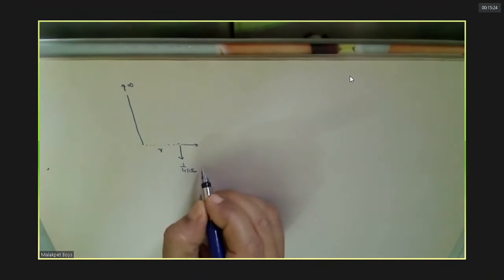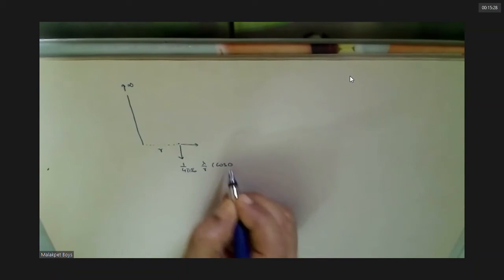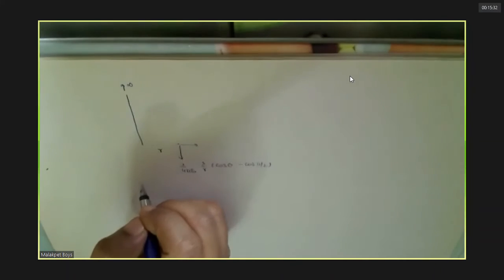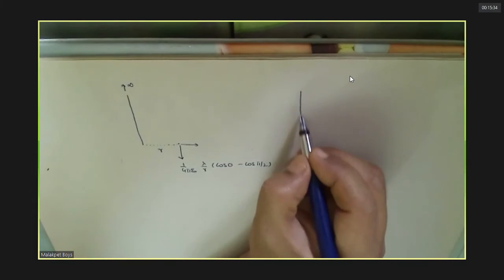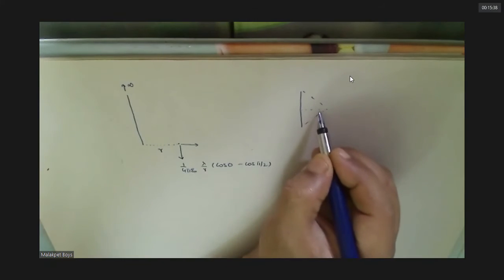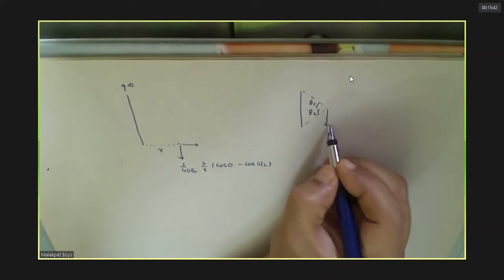Remember this? Yes, sir. Because this side is zero, no? Remember this or not? Suppose this is a wire. This is theta 2, this is theta 1.